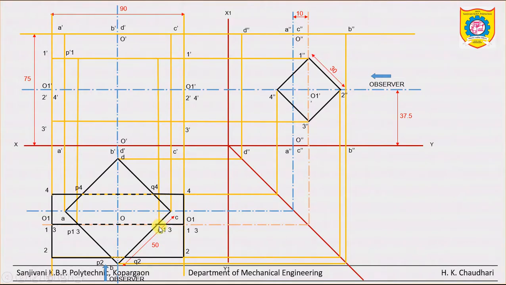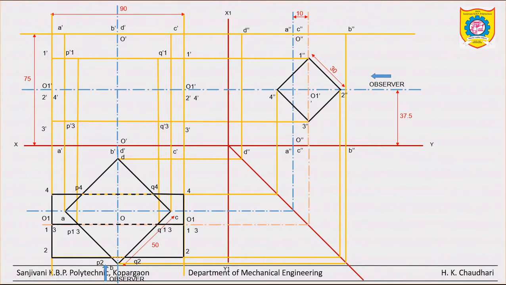Similarly, first we have taken this side of projection, so here will be the Q1 point. So P dash 1 and Q dash 1 are on the top edge. Similarly, here will be P dash 3 and here Q dash 3. Now we have got 4 points.